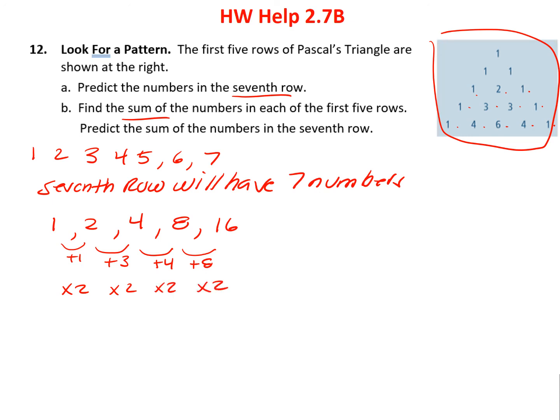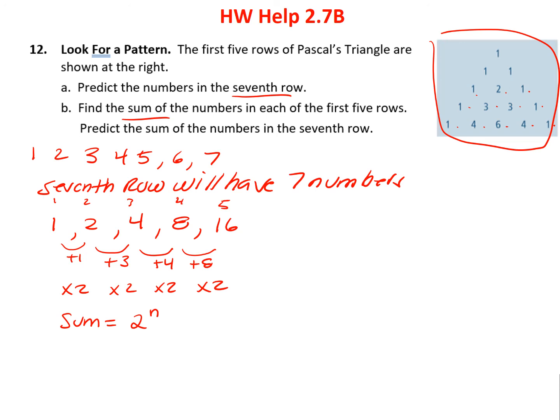So it's being multiplied by 2. So the pattern is that the sum of the row is 2 to the nth power. When it's 0, 2 to the 0 is 1. When it's 1, it's 2. If I say this is 1, 2, 3, 4, 5.